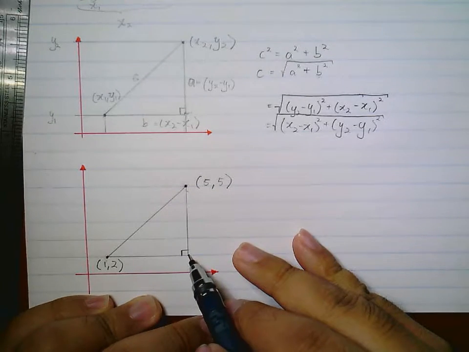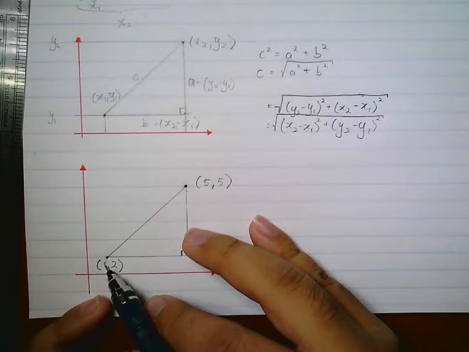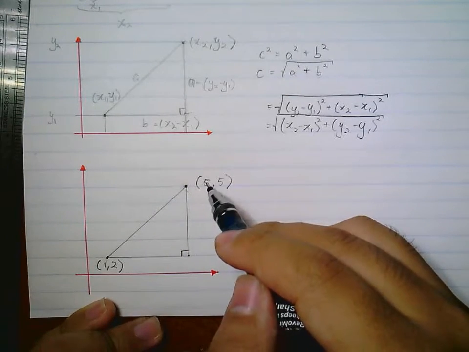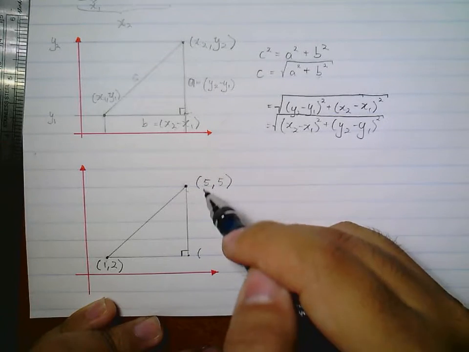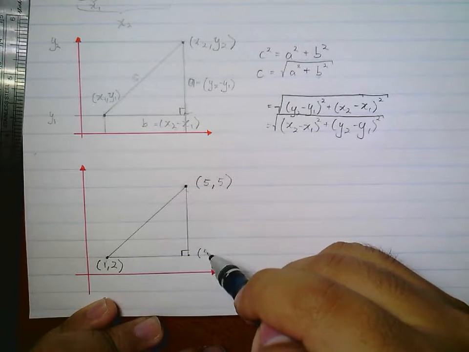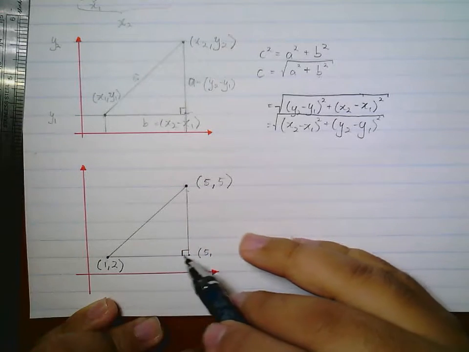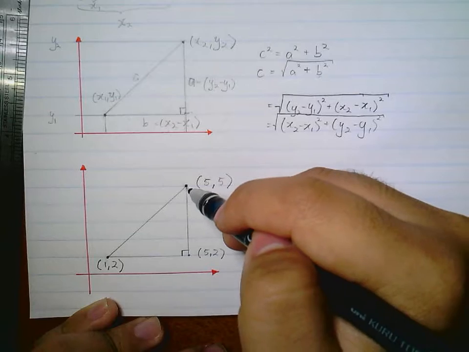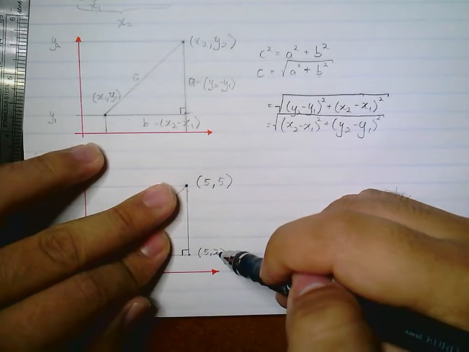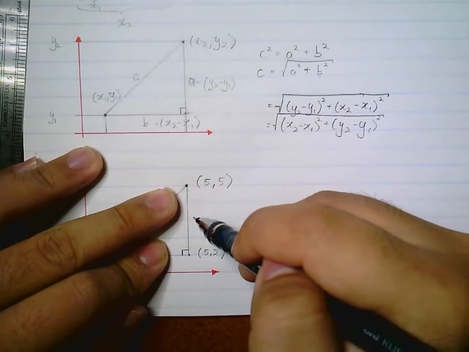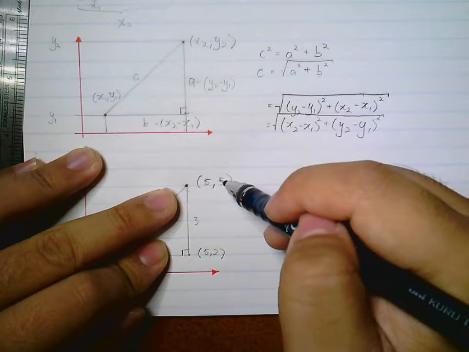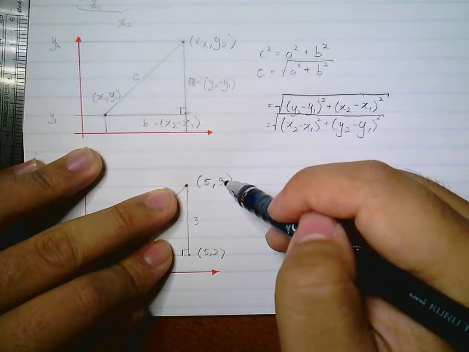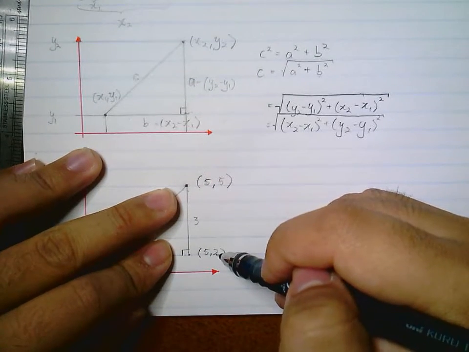If you really want to figure out what this coordinate is, it's got the same height as this one and the same x as this one. So it's going to be 5, and this one is 2. We can calculate the length of this, because from 2 to 5 is 3. Or we can say 5 take away 2 is 3, which is y2 minus y1.